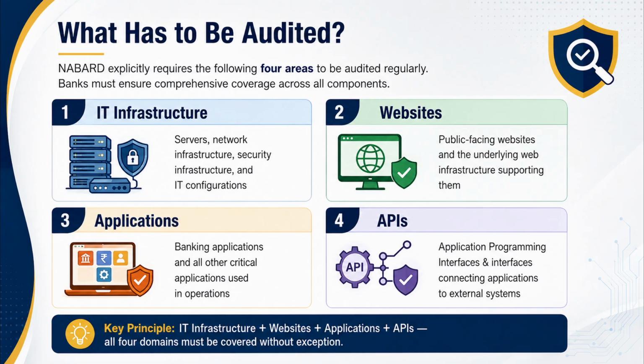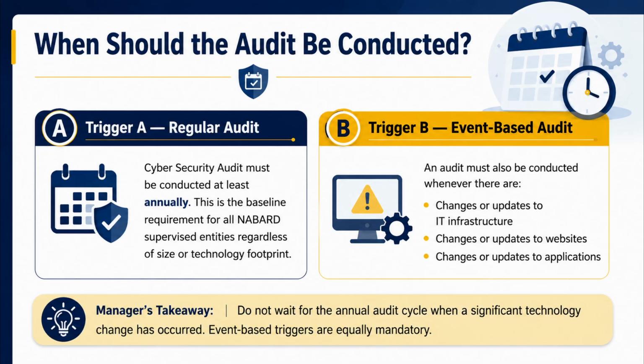The third is applications. This includes banking applications and other critical applications used by the bank. The fourth is APIs, or application programming interfaces, which connect applications with external systems. The key message for management is simple. The audit should provide comprehensive coverage of IT infrastructure, websites, applications, and APIs.